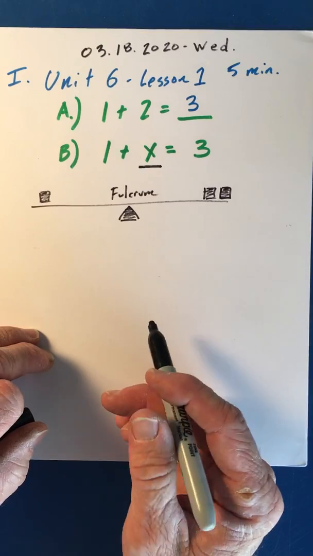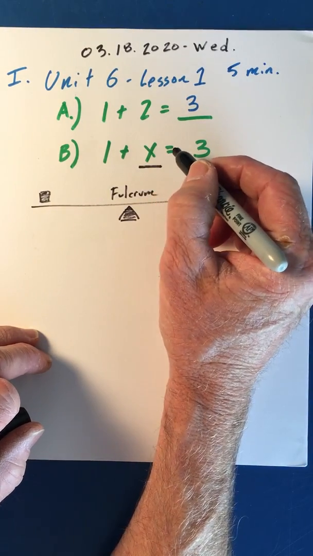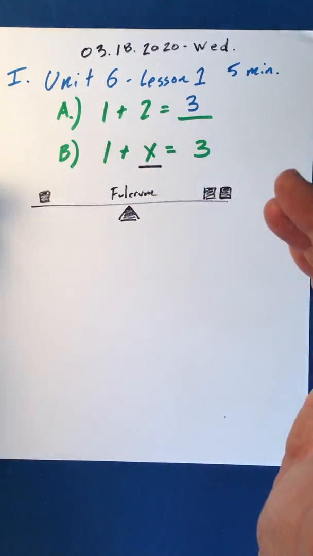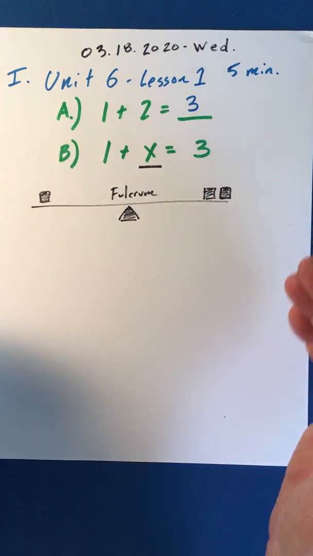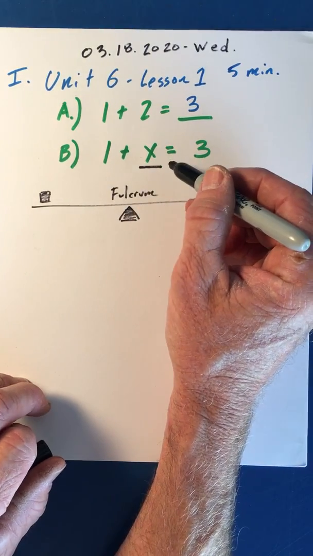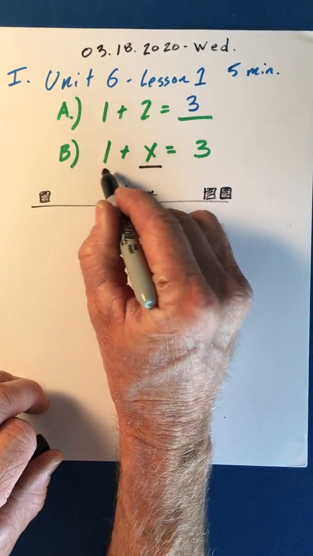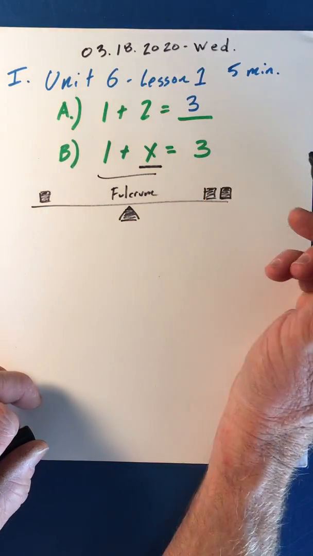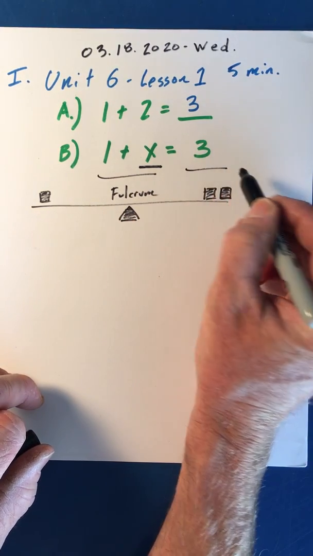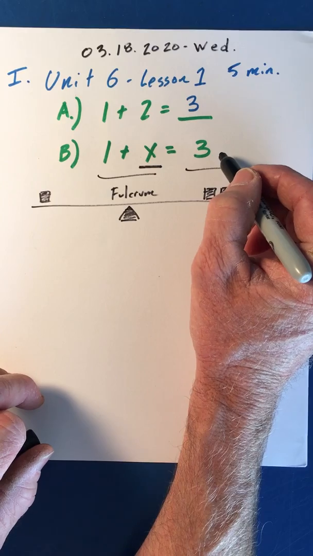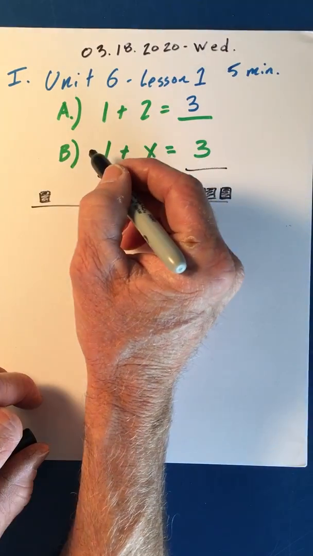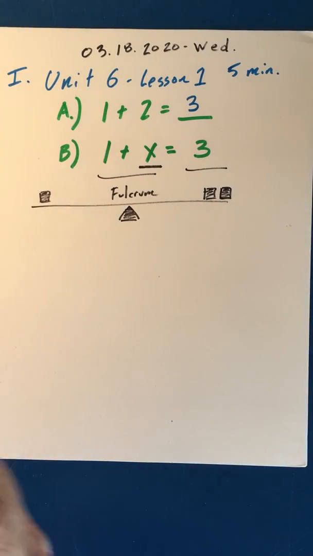In algebra, that equal sign is our fulcrum. That's the thing that balances both sides of this equation. For this to be true, everything on this side has to be the same value as everything on this side. The second you do something over here, you do the same thing on the other side. It's a pretty easy concept, which is kind of nice.